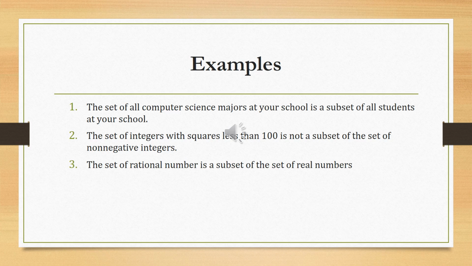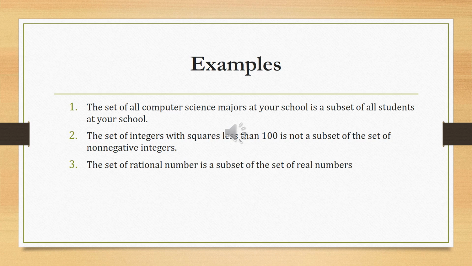Examples: the set of all computer science majors at your school is a subset of all students at your school. The set of integers with squares less than 100 is not a subset of the set of non-negative integers.